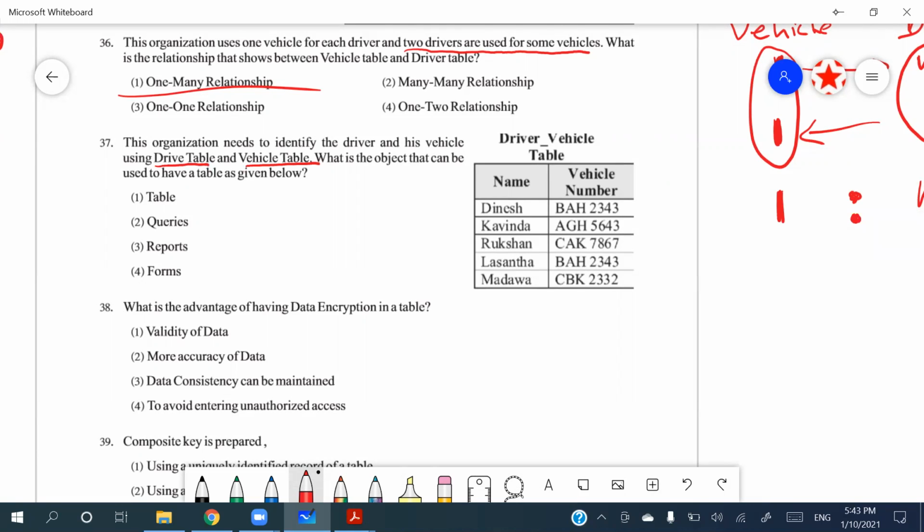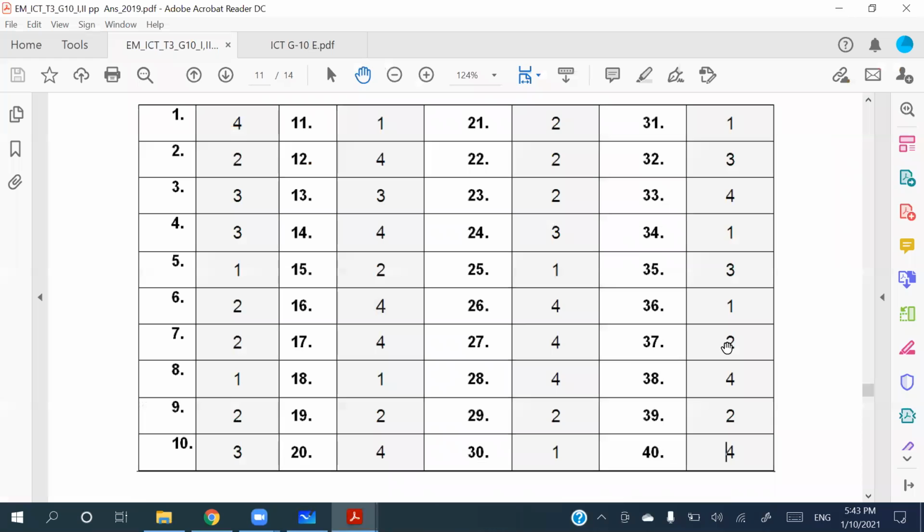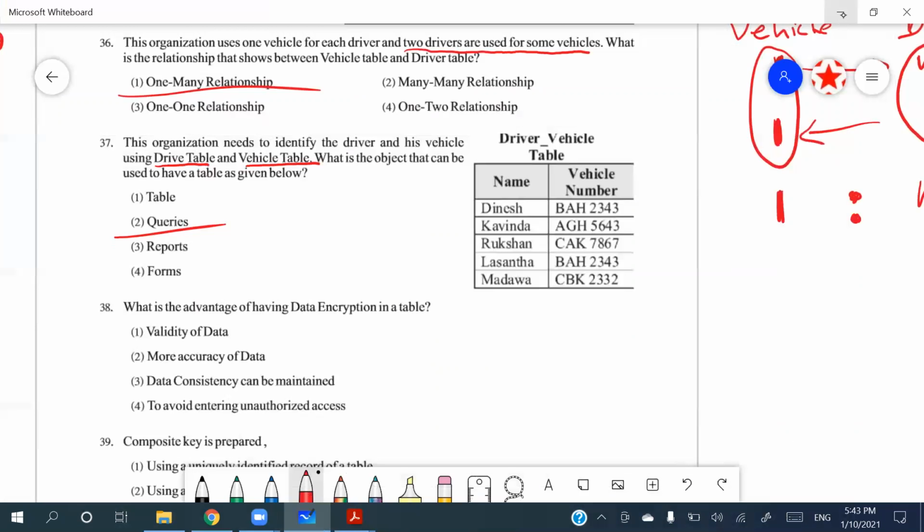So using two tables, what we can create is a query. And again, we can create a report as well. Reports can be created using the tables and the queries. Yeah, so because of that, you can go for the second one. 37, it's the queries. Because you are taking things from two tables, you should create a query. Then you can take that query into a report. For 37, it should be the second. Yes, the second one is the answer.